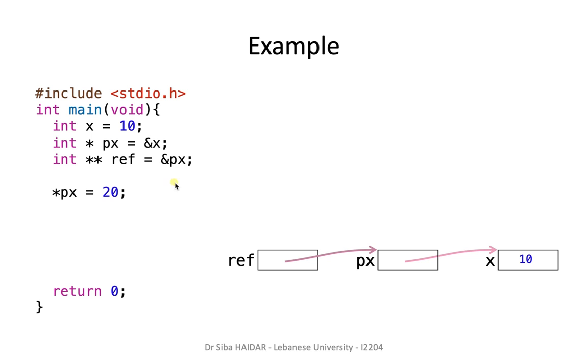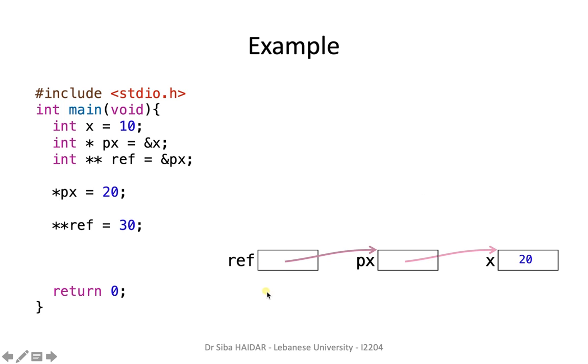We can change the value of x by either saying x equal that or this, or even through the pointer px by saying dereference px and put 20 here. Let's see the effect of this instruction. And now we have another way in order to put something in x through ref.